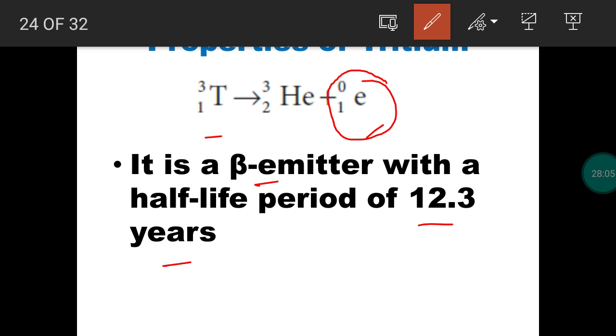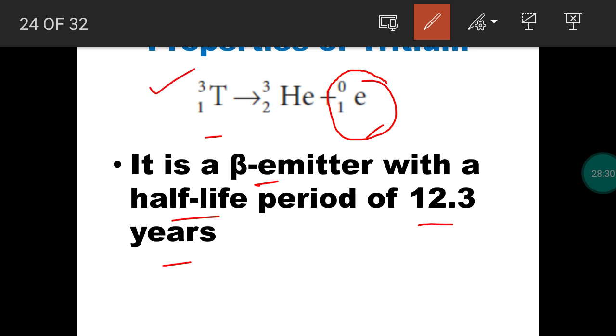So 1 kilogram of tritium will be converted into 500 gram of tritium. For that conversion, how much time is required? It is called the half-life period. The time required for reducing the concentration of reactant to 1/2 of its initial value is called the half-life period.